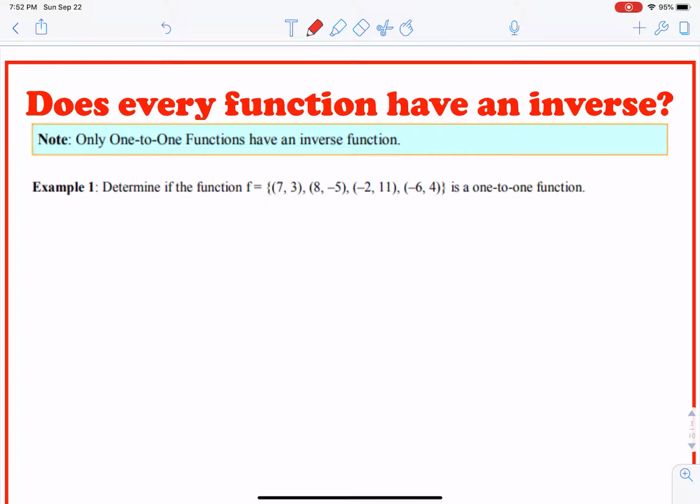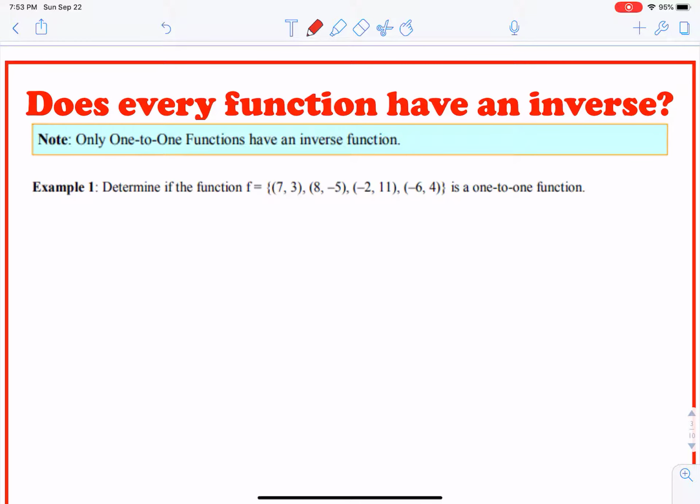I know that sounds kind of confusing, but hopefully once we do a few examples, it will make more sense. Only functions that are what we call one-to-one functions have inverse functions. I guess we could technically find an inverse for every function, but that inverse won't necessarily be a function. However, if the function is one-to-one, then we know that the inverse will also be a function.